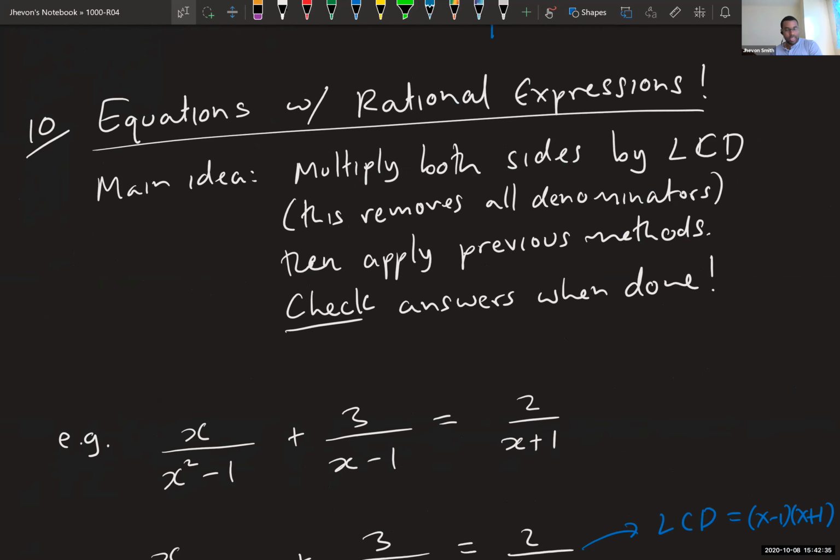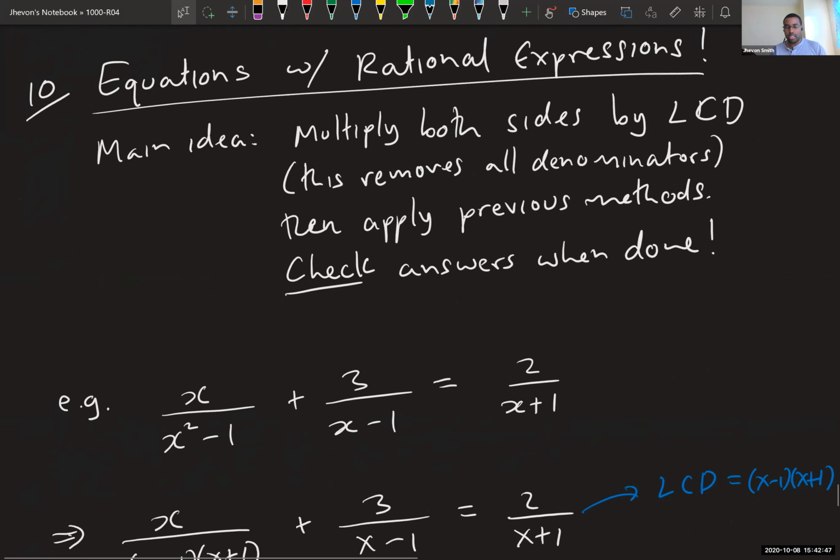Now let's start mixing stuff up. Throw in absolute values, radicals, fractions. Doesn't matter. We can take any of these situations and reduce them to a previous case that we've already solved. And with rational expressions, the main idea is to multiply both sides by the LCD.